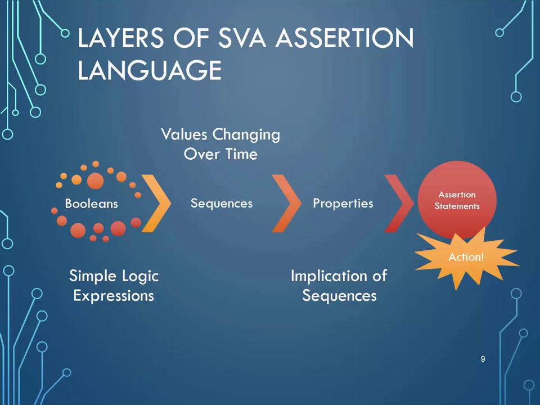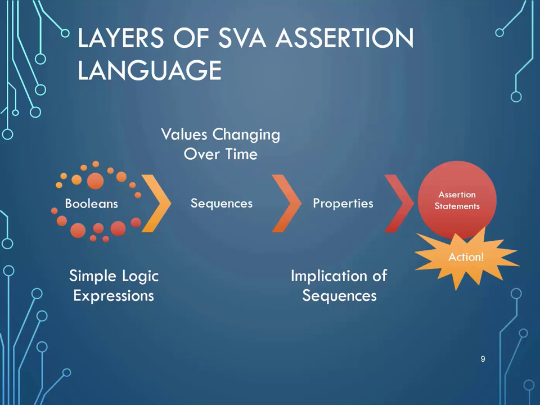Then if we go up into a more abstract thinking, we have the sequences. What the sequences really are is logic changing through time. So we are adding elements to our initial thinking, which is Boolean logic, and then we put the values into time in a sequence so that we can check if they are correct or not.